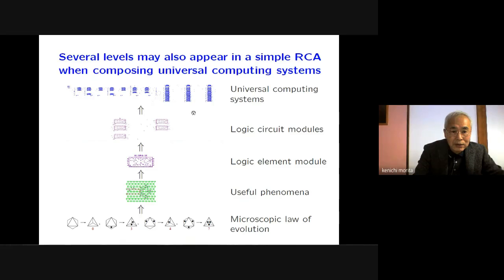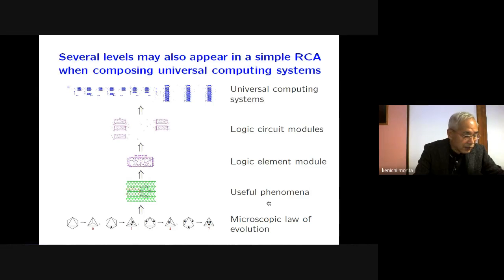This figure shows such a situation in reversible cellular automaton. In reversible cellular automata, microscopic law of evolution exists in the lowest level.